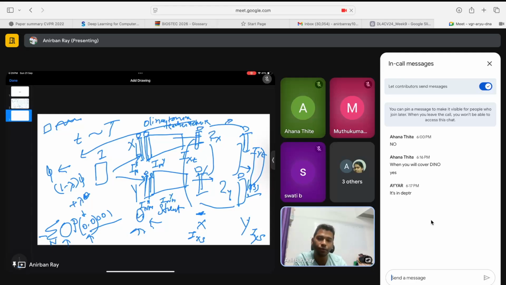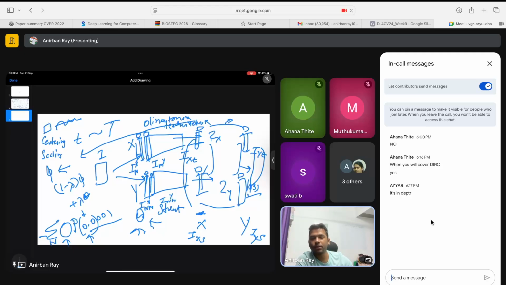Another thing they do in DINO is centering and scaling.